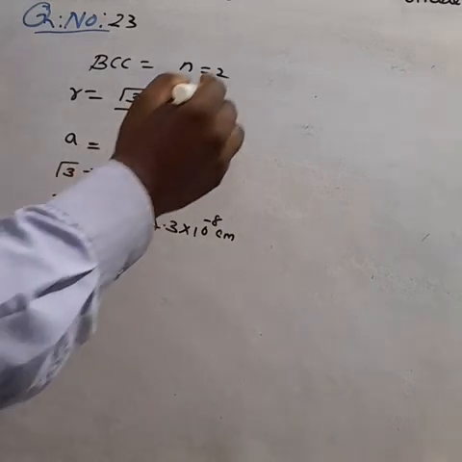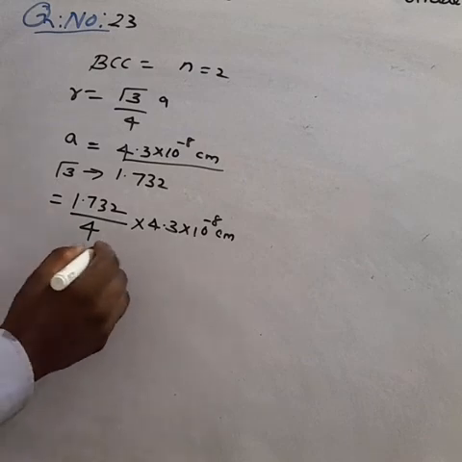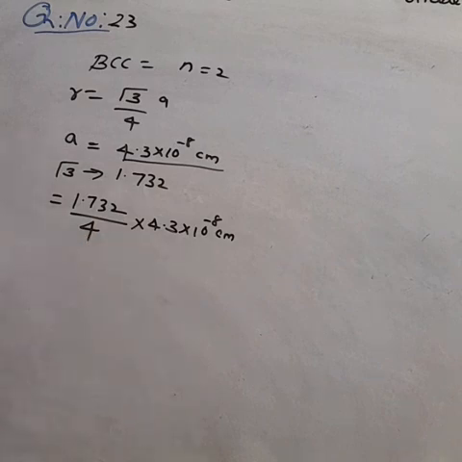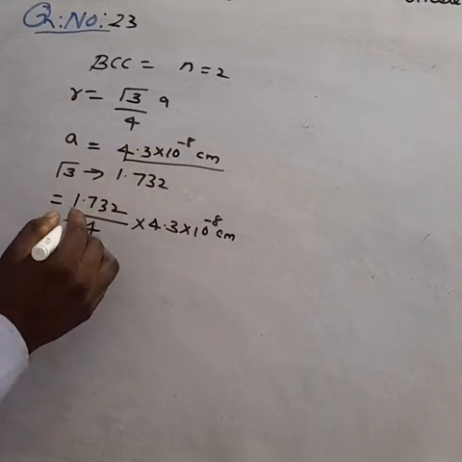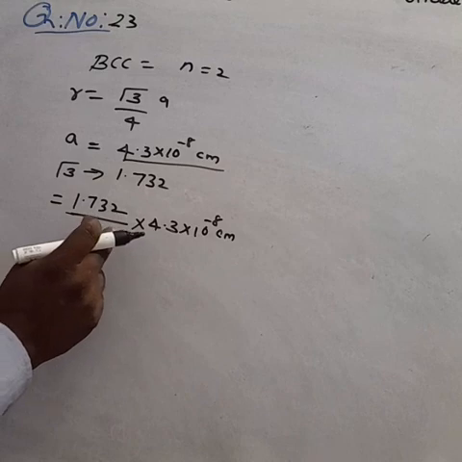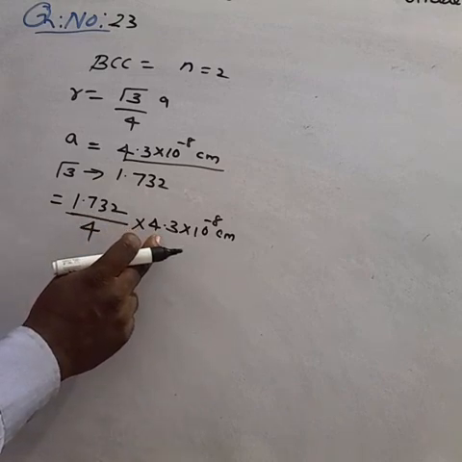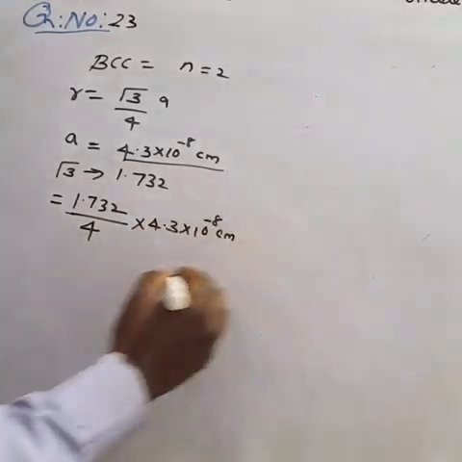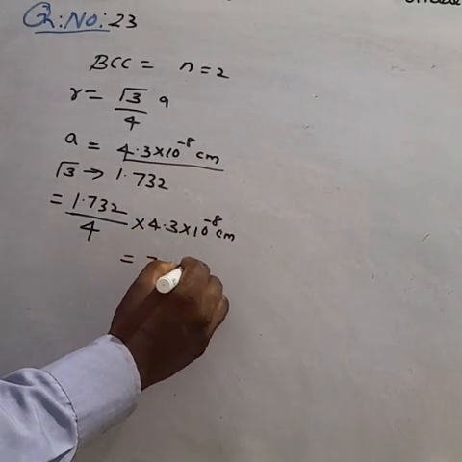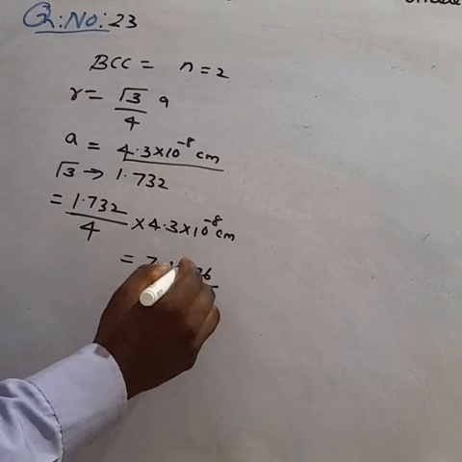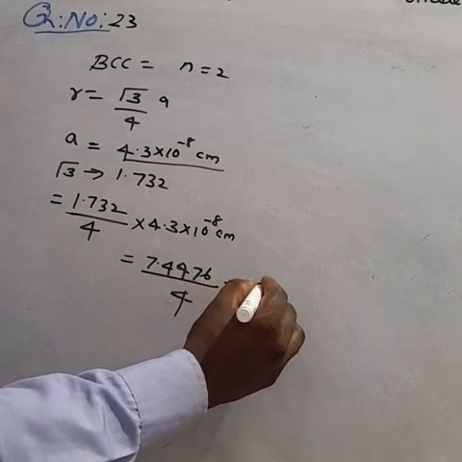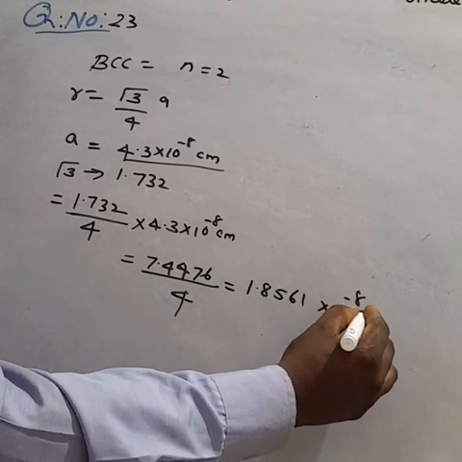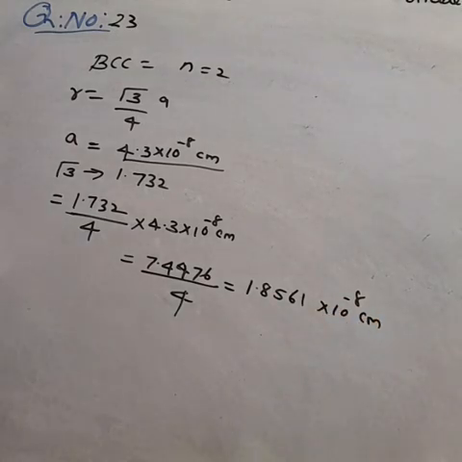So directly I am writing 1.732 into 4.3, which is 7.4476, divided by 4 becomes 1.8619 into 10 raised to minus 8 centimeter.